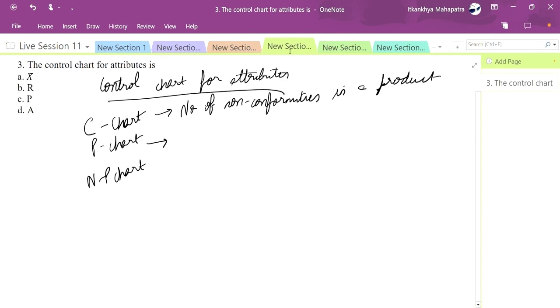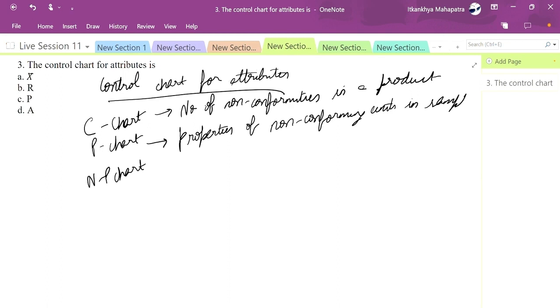P chart means proportion of non-conforming units in samples. NP chart means number of non-conforming units in a lot.